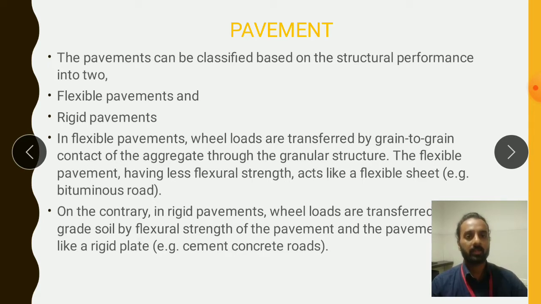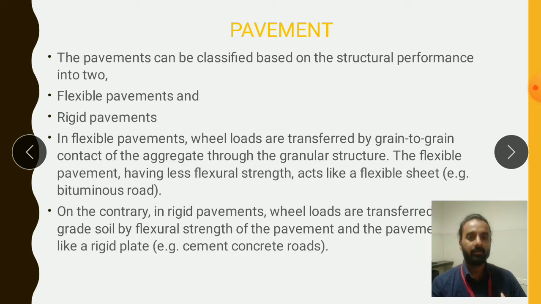Whatever the wheel loads are, of four-wheeler, two-wheeler, bus, truck, etc., the main aim of the pavement is to transfer the wheel load to the subgrade and to the soil. In flexible pavement, the wheel load is transferred from grain to grain, from layer to layer, and the bottom layer transfers the load into the soil, hence it is called a flexible pavement.